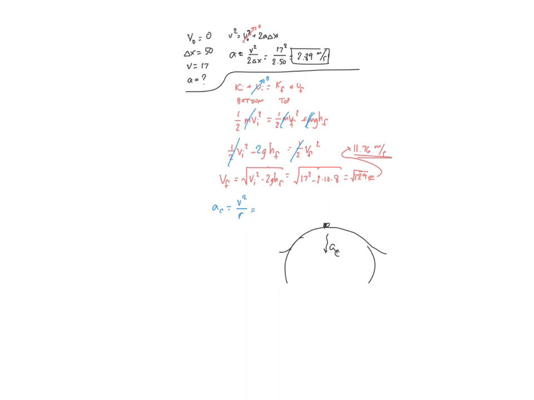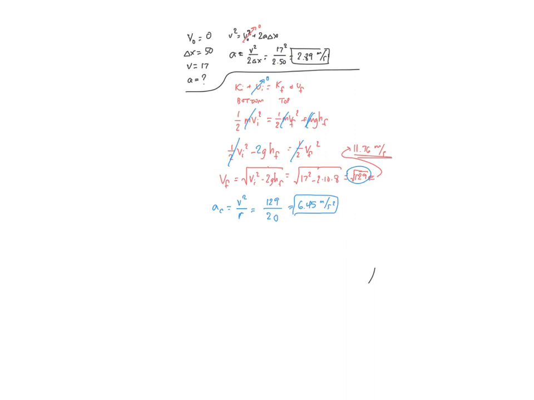And since v was equal to the square root of 129, that means v squared will just be equal to 129 without the square root, divided by r, the radius of the hill, which was 20 meters, and that gives you 6.45 meters per second squared. So it is a centripetal acceleration that the car has when it's at the top of the hill.